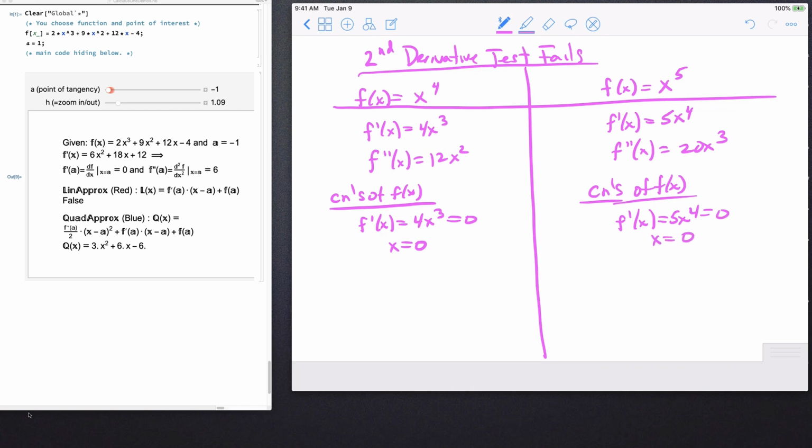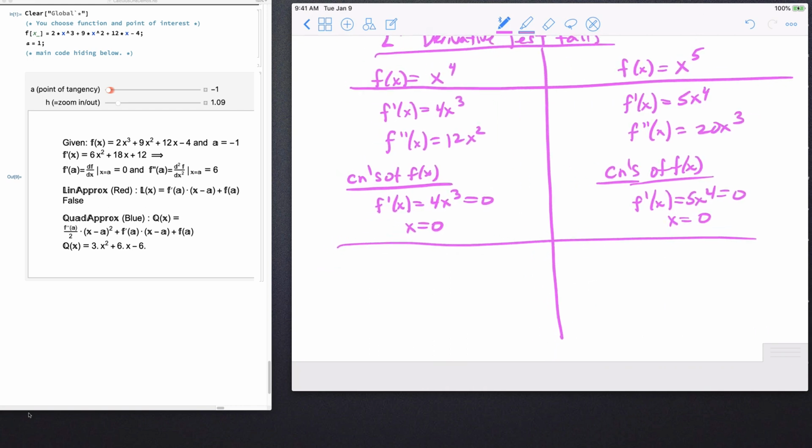So we got two critical numbers of these functions. And therefore you can see that the second derivative at 0, 12 times 0 squared, comes out to be 0. And in the second case, at 0, 20 times 0 cubed, which is also equal to 0.